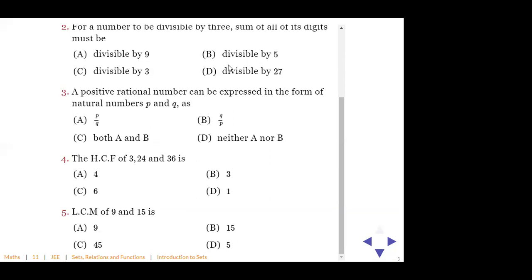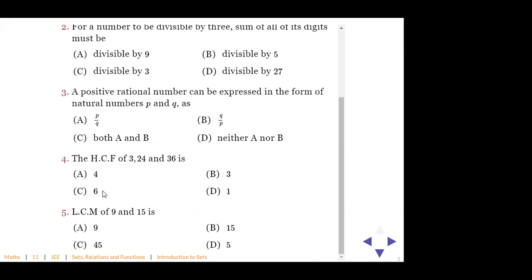See how easy these questions are. Both A and B, right? Who said that P and Q should be numerator only? Think about it. Common sense. Okay, fourth one.